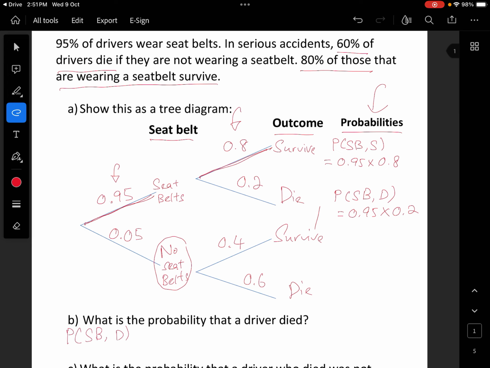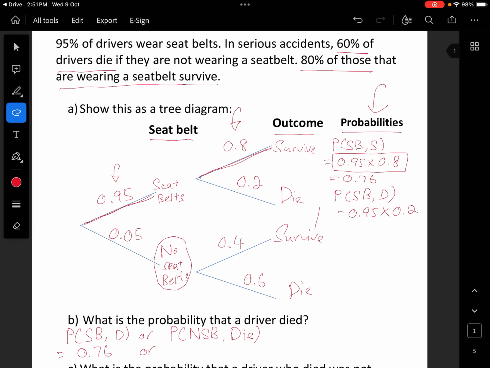Or you could possibly be not wearing a seatbelt, which I'll call NSB, and you could also die. Now the probability of having a seatbelt and dying is 0.95 times 0.2, and if we put this onto the calculator, that's going to give me 0.19.